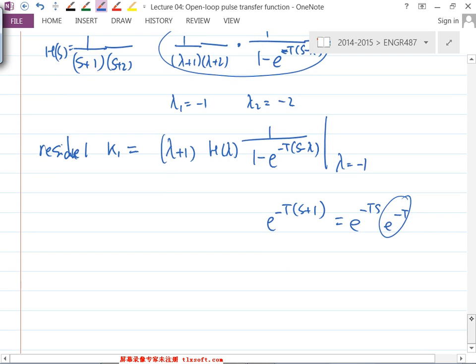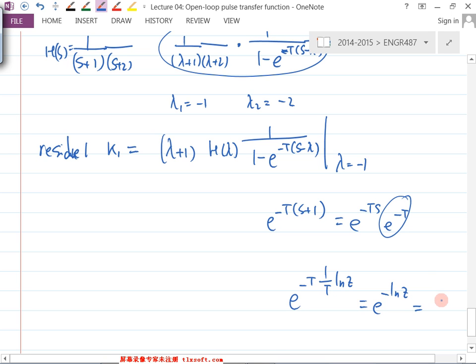Then when you replace s equal to 1 over t ln z into here, what do you end up with? The t cancels, so this is e to the power negative ln z. Now what is e to the power of negative ln z?